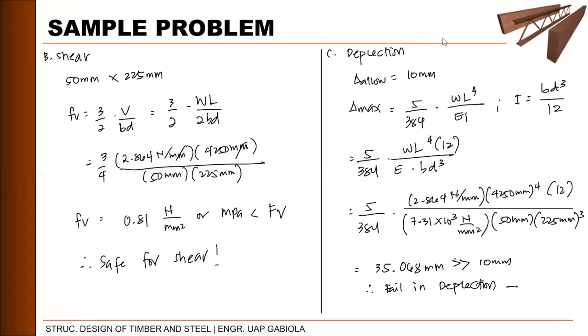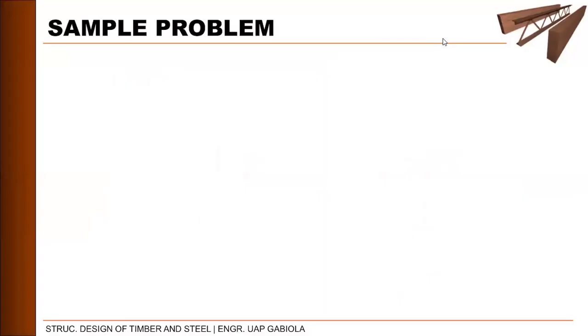Okay? So, kung meron kayo nitong 225, using the same formula, hanapin niyo yung pwedeng value. Or baliktarin natin, tulad ng ginawa natin sa flexure. Gawin natin yung ating actual deflection, equate natin dun sa allowable natin, which is 10 mm.